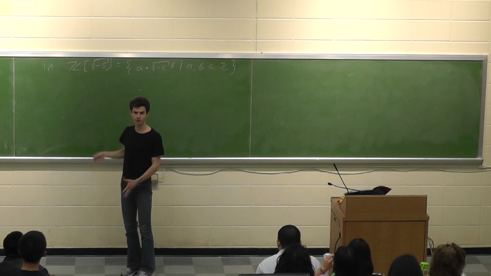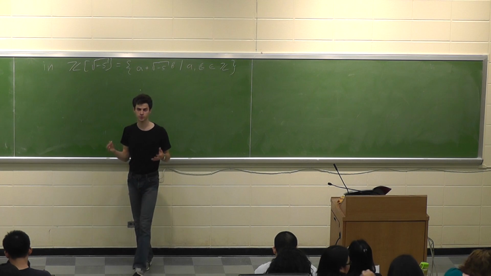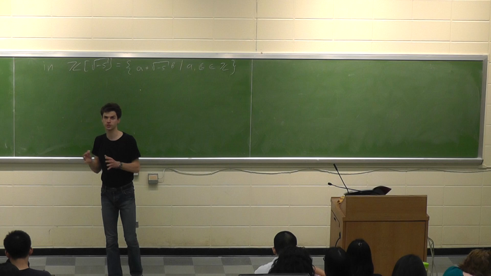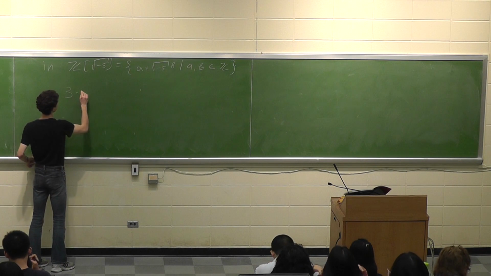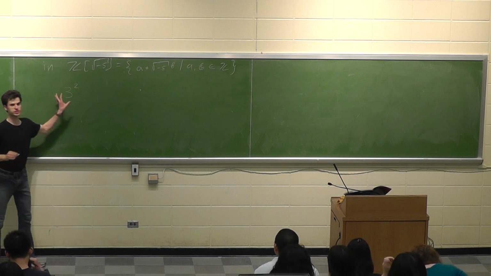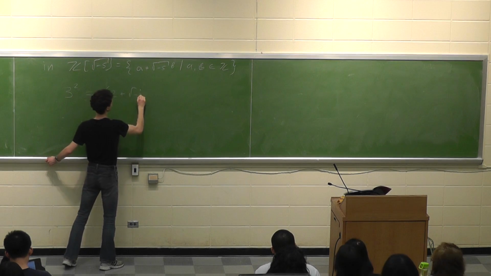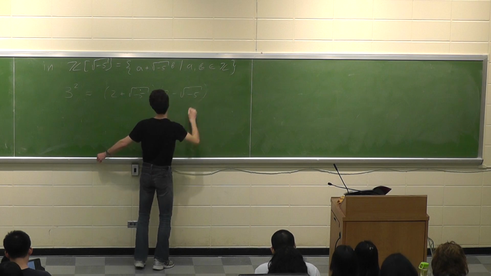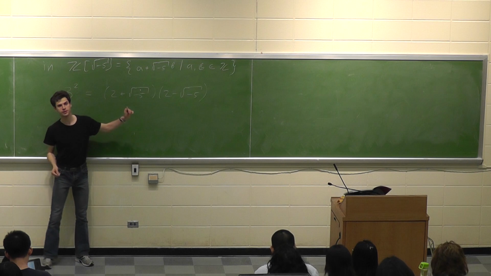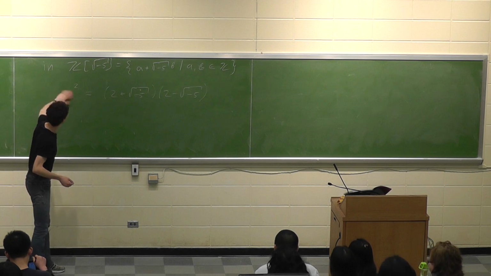You have all the usual arithmetic operations. You can factor integers as a product of things which should not be factored any further. But in this kind of integers, we have such an identity: 3 squared is equal to 2 plus square root of -5 times 2 minus square root of -5.